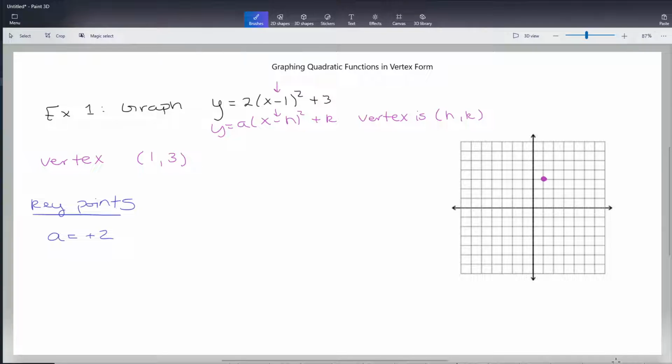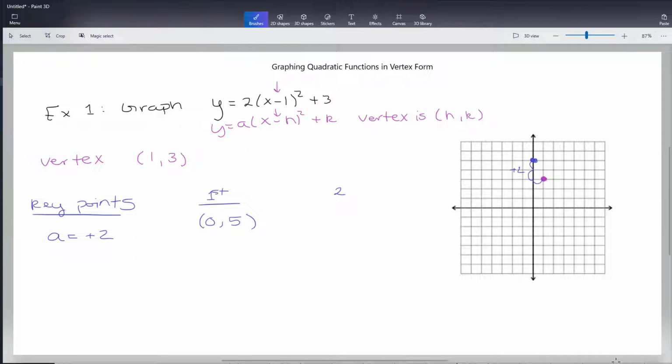I'm going to move to the left 1 from my vertex, and then A is 2, so I'm going to move up 1, 2. This is that plus 2 that we're seeing in the equation. So this is going to be my key point. I'm going to mark it there. My first key point is the point 0, 5. So it was left 1 and then up 2.